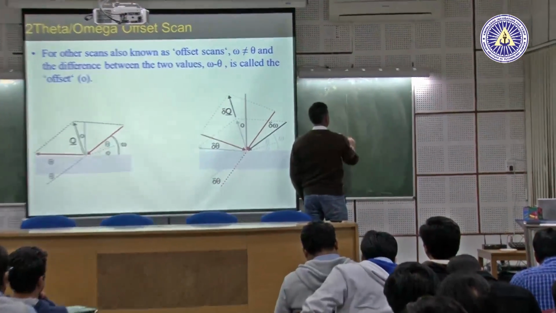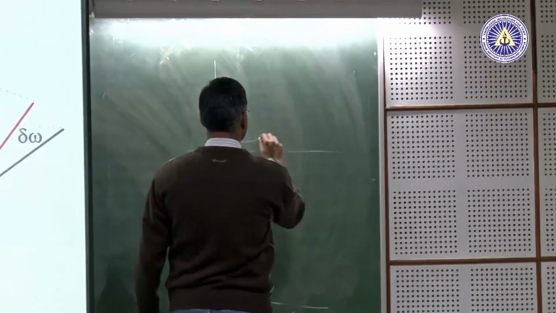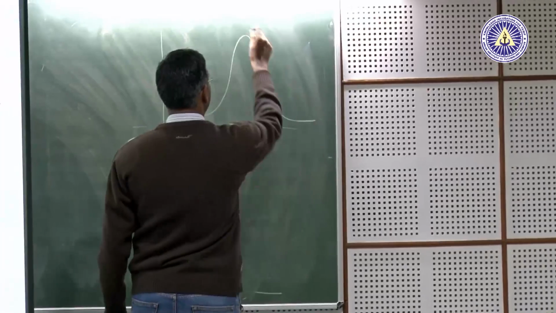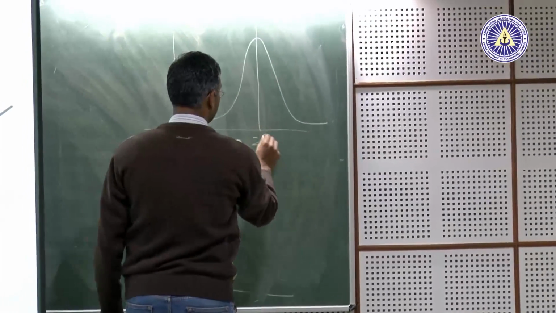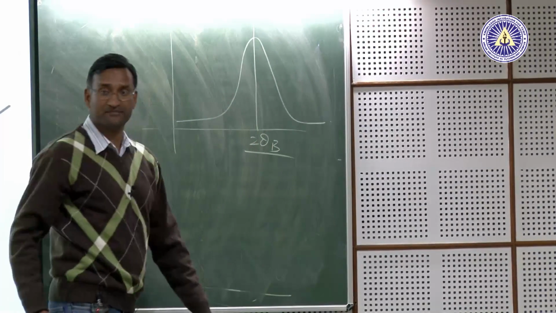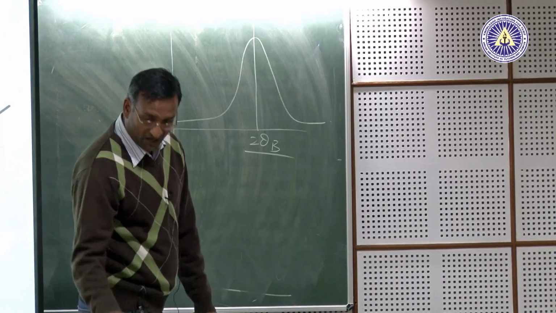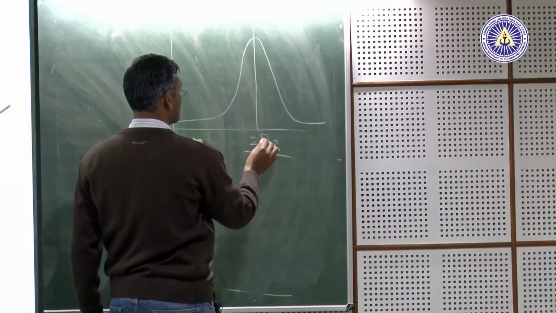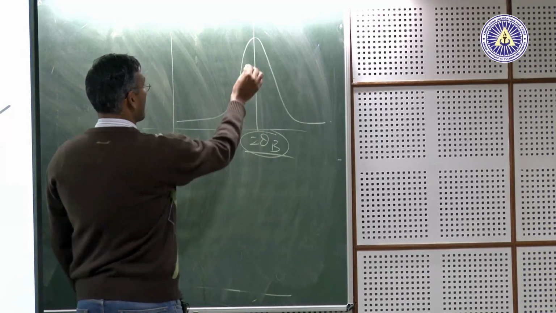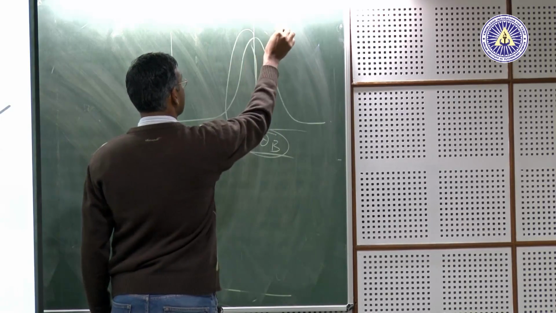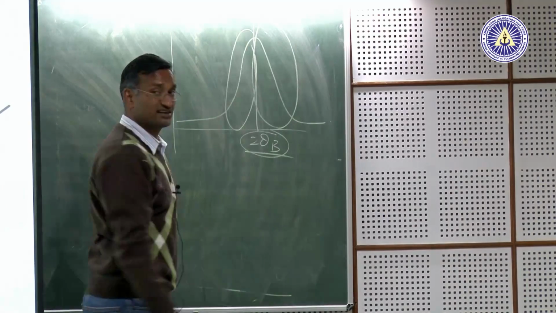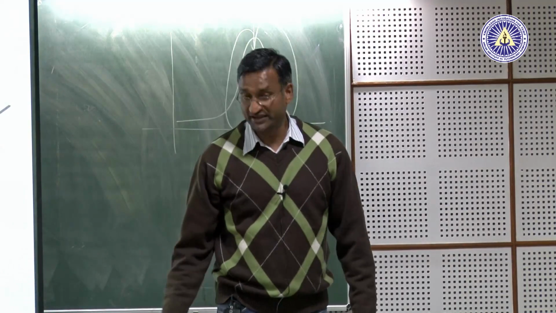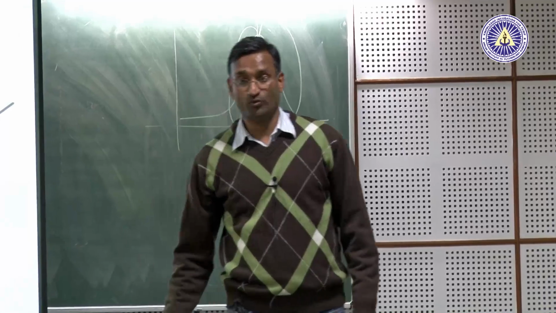So let's say this was your 2 theta. You know that this is where your ideal 2 theta should be, 2 theta B. So the idea is to carry out many omega 2 theta scans around this 2 theta value. So you carry out multiple scans on this side, multiple scans on this side, and generate a complete map for various values of 2 theta and omega.